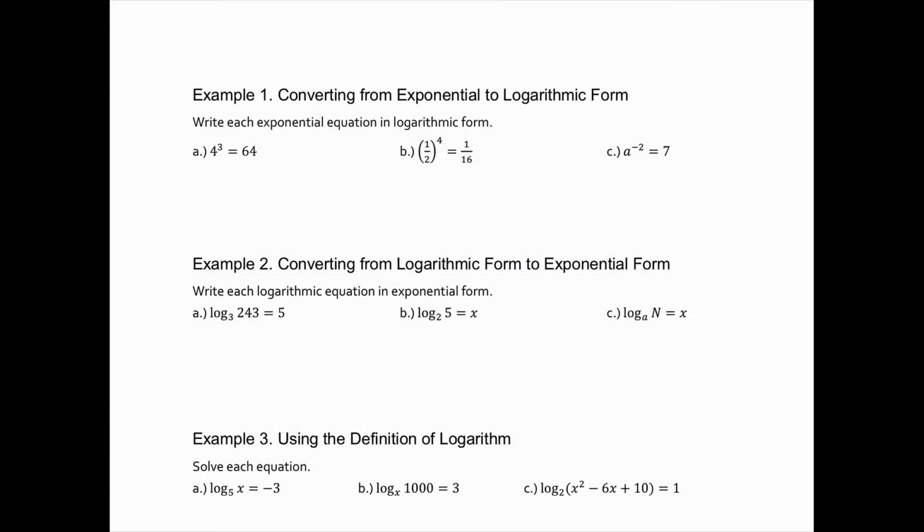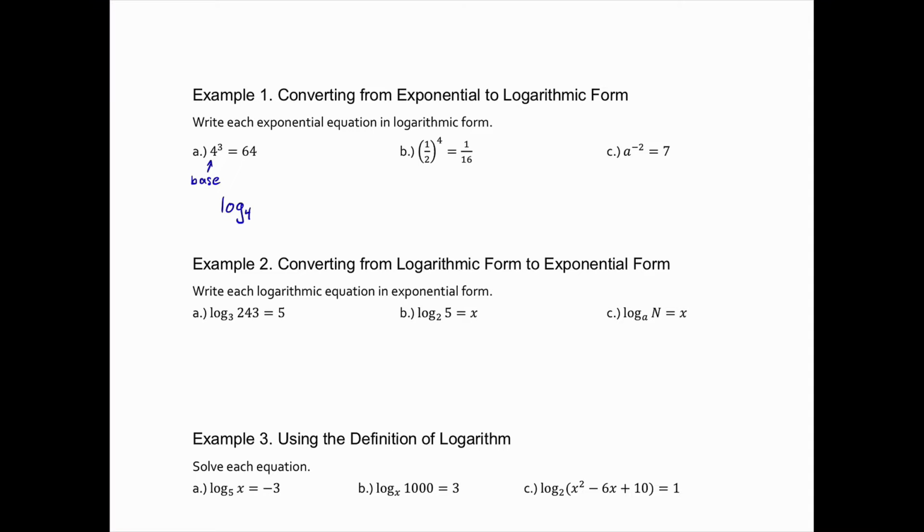In the first example, we are given the exponential form, hence the exponents. If we want to convert it to the logarithmic form, the first thing to do is recognize the base. In this case, the base is 4. So I'm going to go ahead and write my logarithm, so log, and then the base is going to be the same as it was in the exponential form.